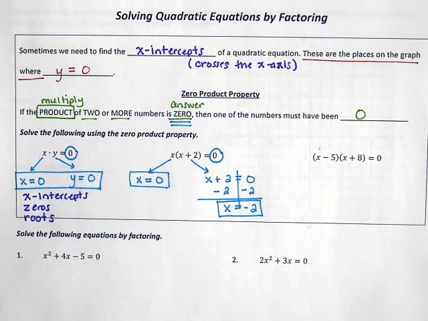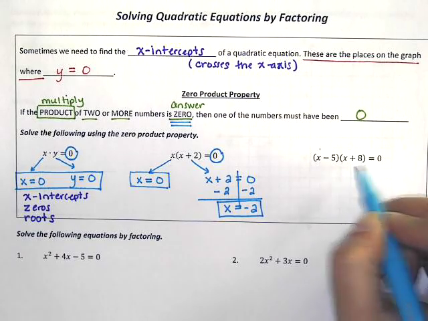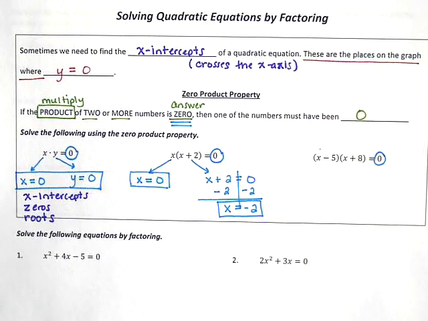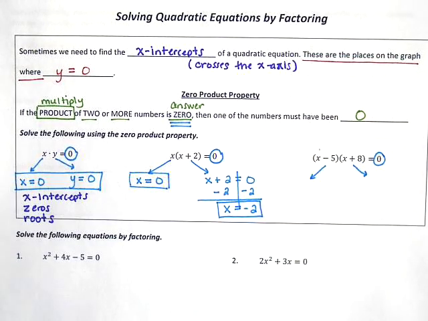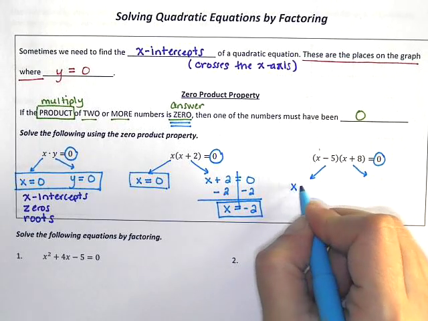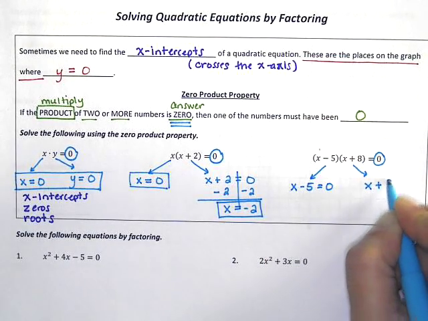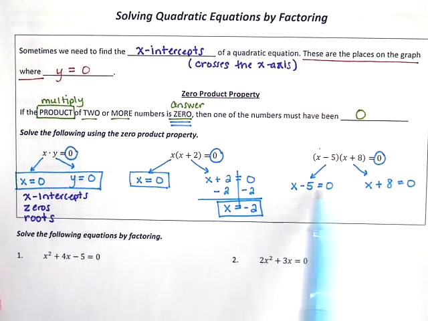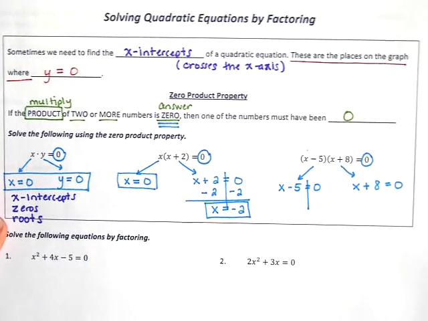Let's do one more. So this next one, we've got x minus 5 times x plus 8 equals 0. Again, I equal 0. So as soon as I know that I equal 0, I can use the zero product property, which just says make each one of these factors equal to 0 by themselves. Now this time, both of these are going to need to be solved to figure out the exact x value that we're looking for.